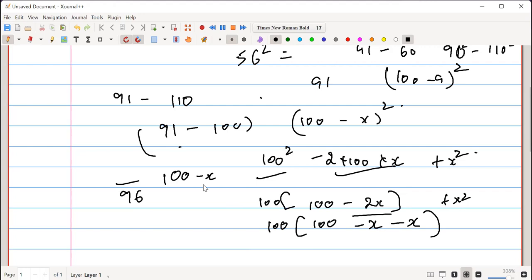So 96 minus 4 is 92, and 4 square is 16. That's it. The answer is 9,216.